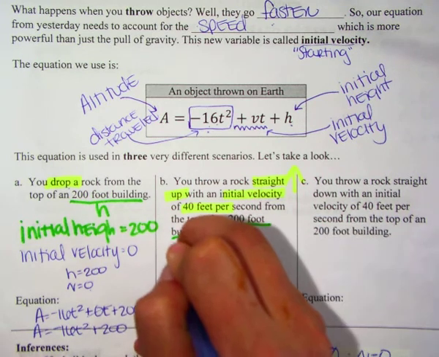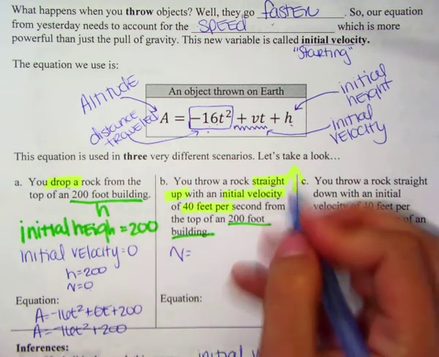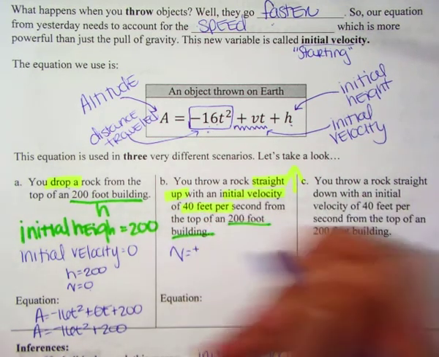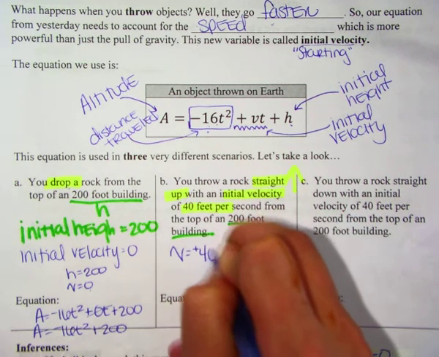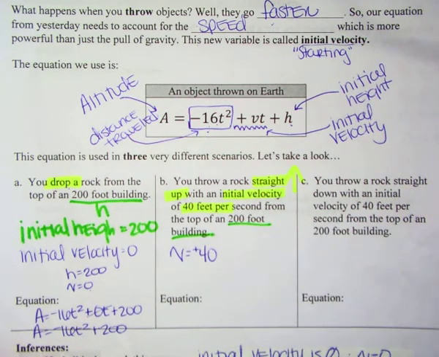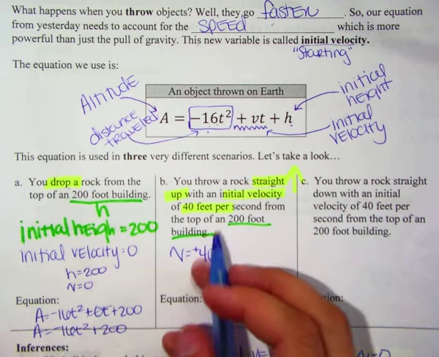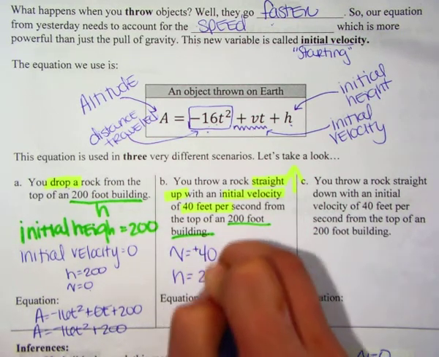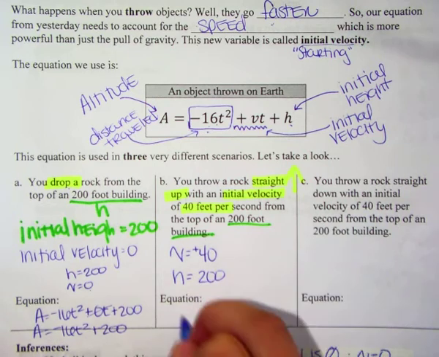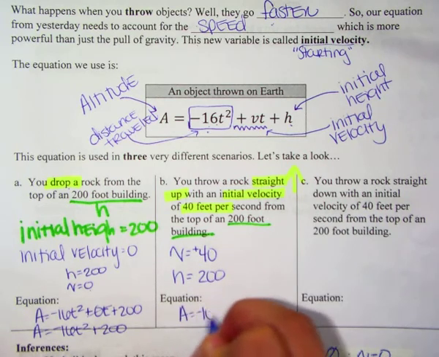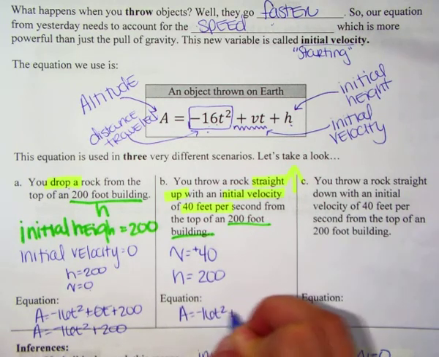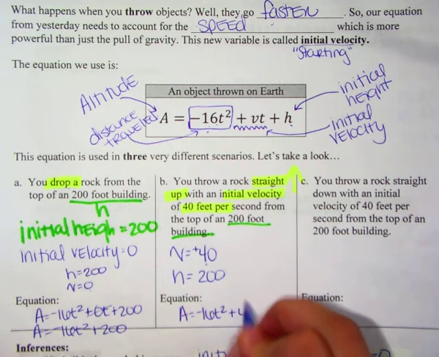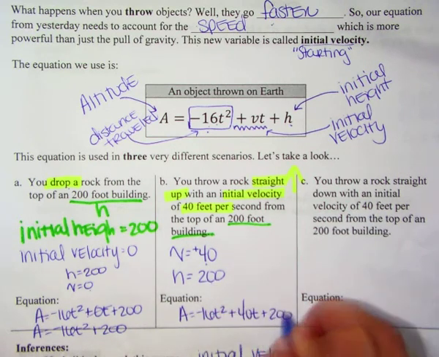The initial velocity, it's going straight up, so it's going to be positive at a speed of 40. The 200-foot building, that's referring to the initial height, which is 200. So now our equation will be a equals negative 16t squared plus vt, which is 40t, plus h, which is 200.